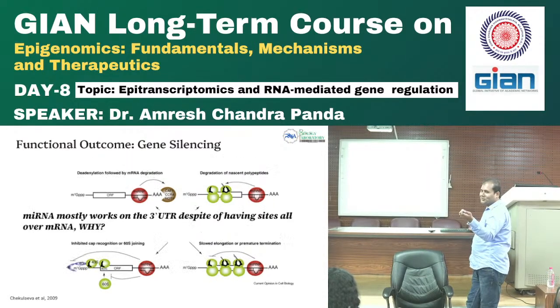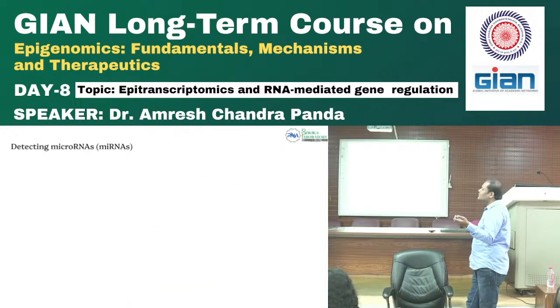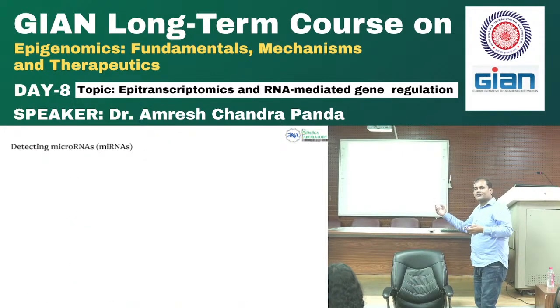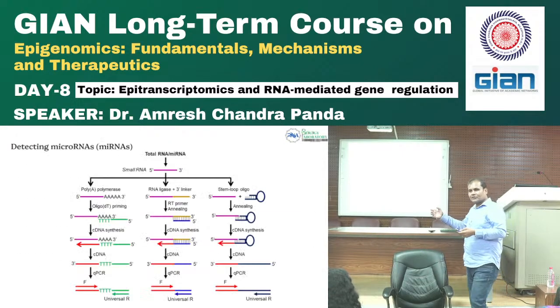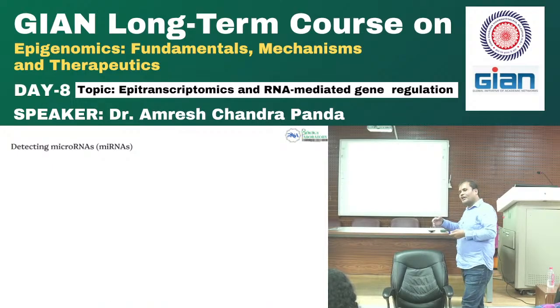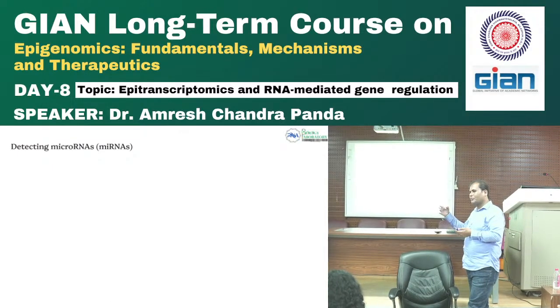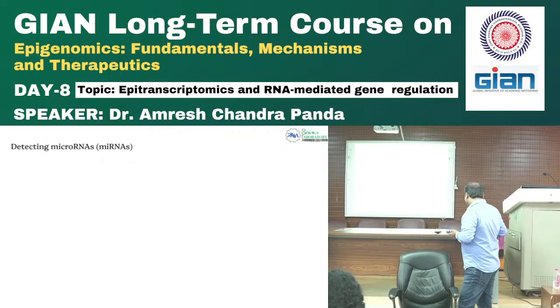Ubiquitination, that is one way, and the other way is degradation by the exonuclease. Every RNA, either endonuclease or exonuclease, they chop them up. So depending on their stability, they are degraded.